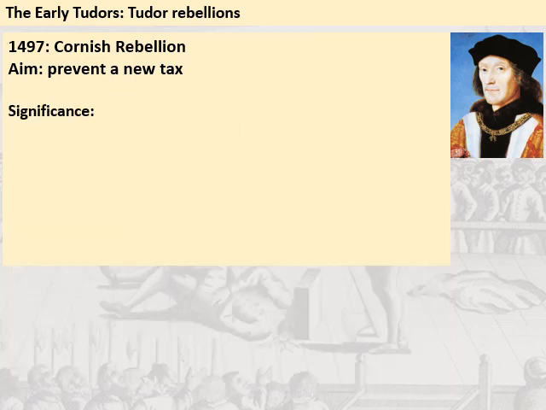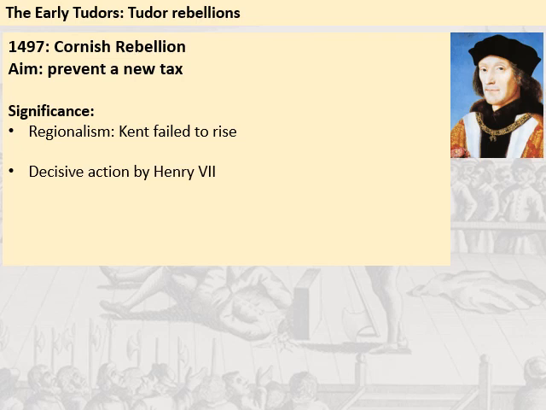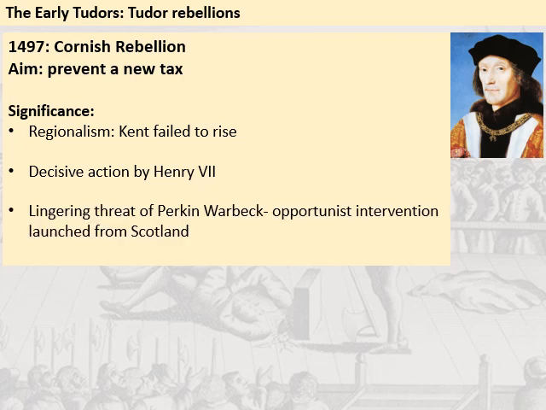So, the significance of this rebellion is, again, it shows us regionalism, firstly the concerns of the Cornish, and then also the way that they were rejected by the people of Kent, who didn't see this dispute as their concern. Again, we see Henry VII acting successfully and decisively. And this also marks the end of the threat of Perkin Warbeck.